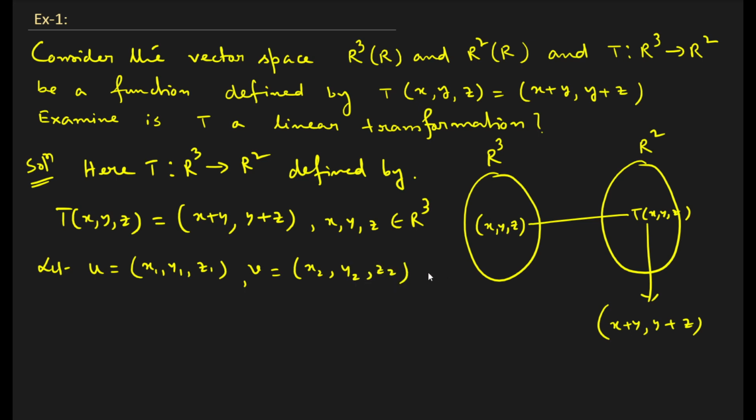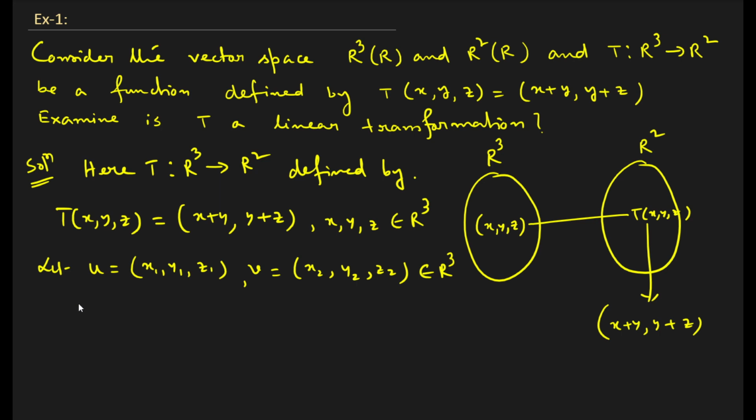Since they are three dimensional, you have to take them like this, belonging to R cube. Individually, x1, y1, z1 are real numbers, but when you write them together, they come in R cube. Similarly x2, y2, z2 are individually real numbers, but together they are from R cube.